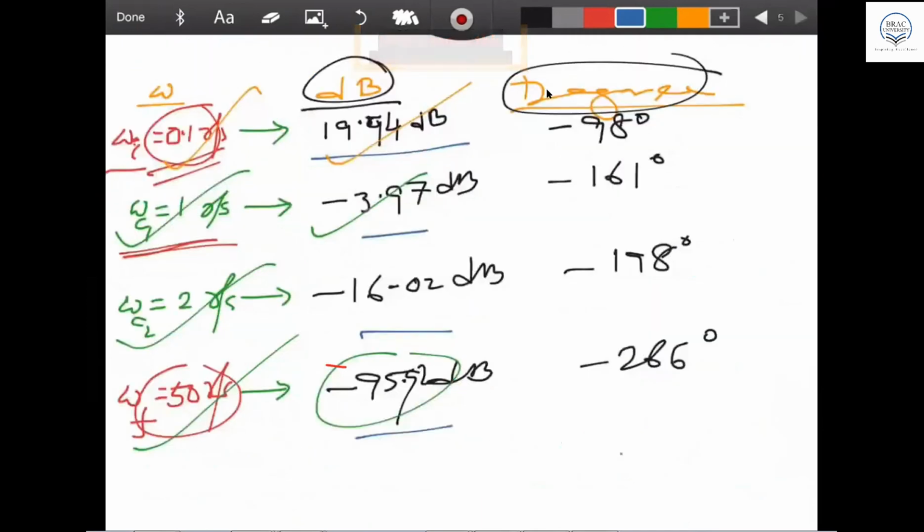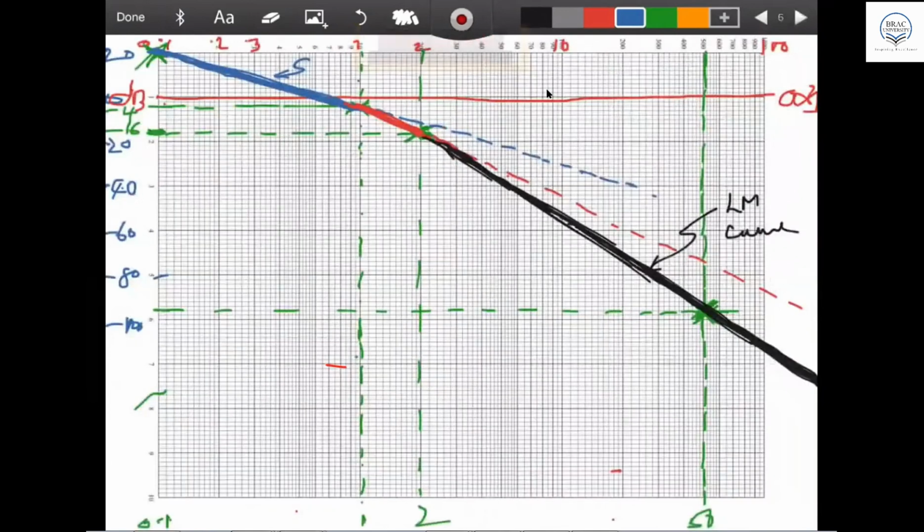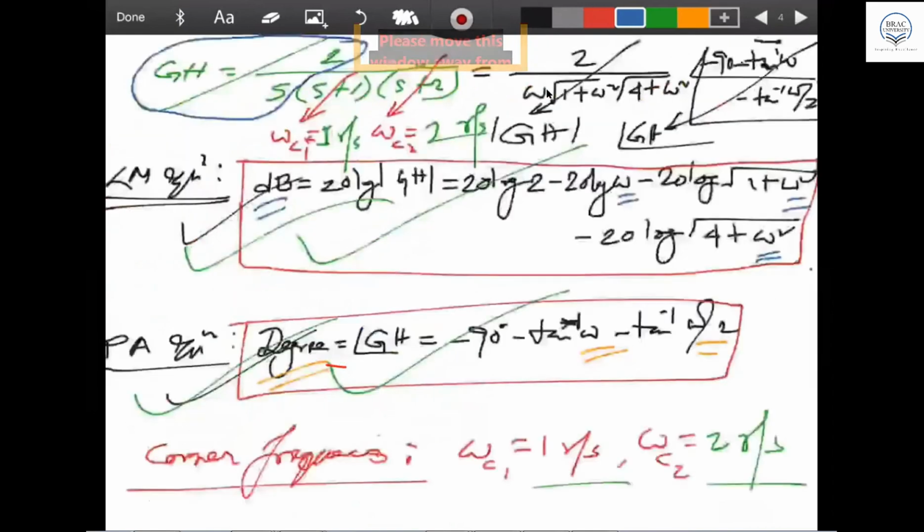That is the first part, and this line is coming up to the first corner frequency. This is your omega c1, this is your omega c2, right? So from the beginning up to the first corner frequency, it is 2 by s, because the first corner frequency is omega c1, so up to that.